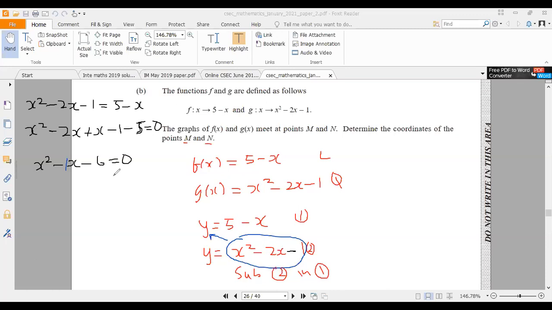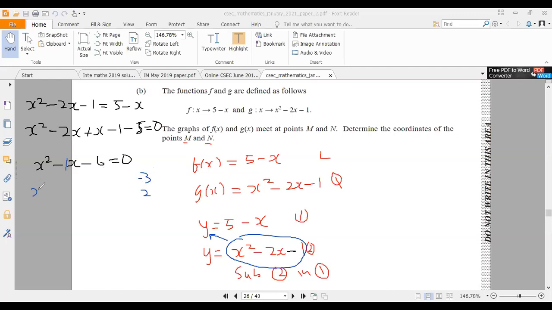For me, I have -3 plus 2, because -3 times 2 gives -6. Okay, you use -3 and 2. -3 times 2 gives me what? -6, yes. And -3 plus 2 gives me -1, yeah, you can use that. So use -3 and 2, good.